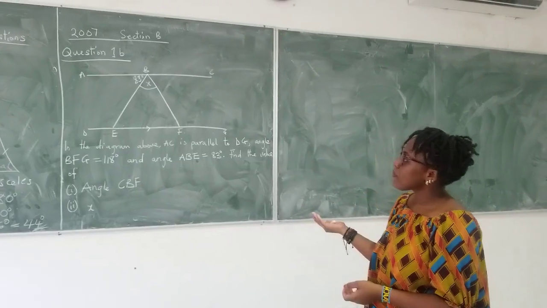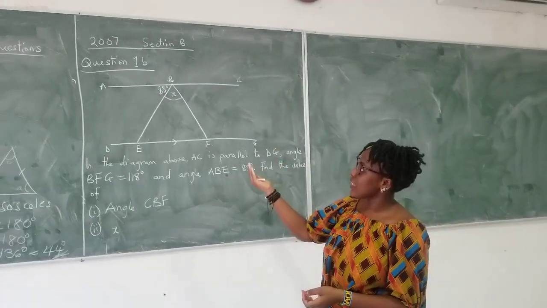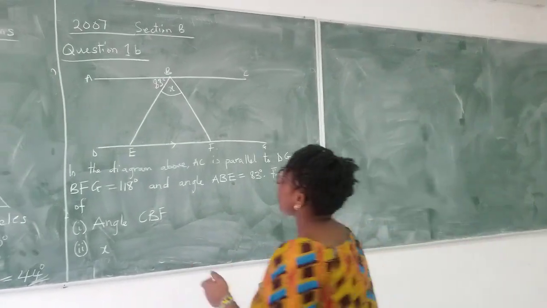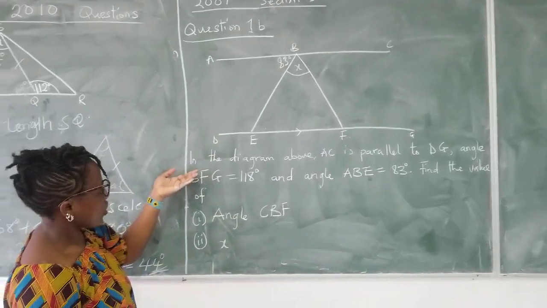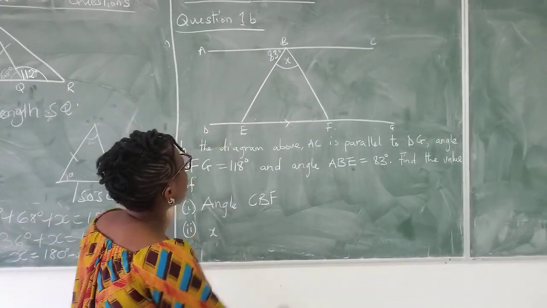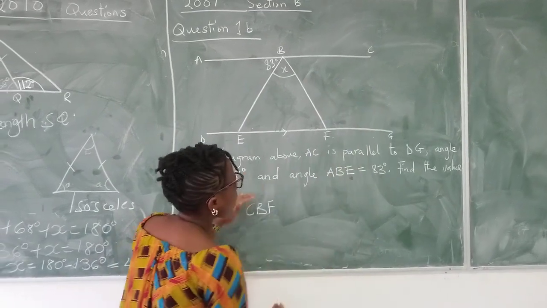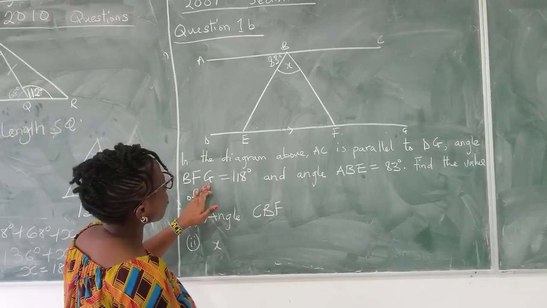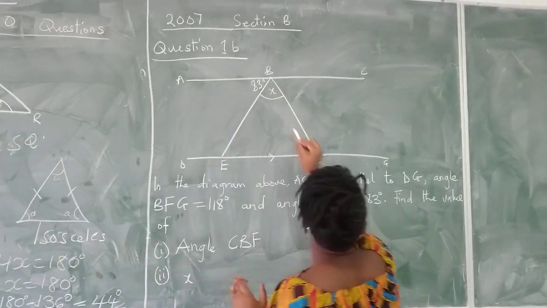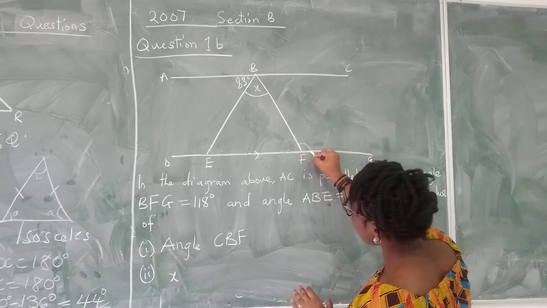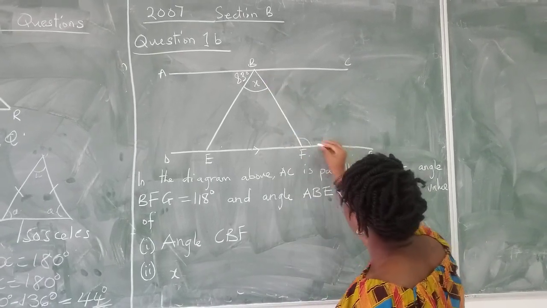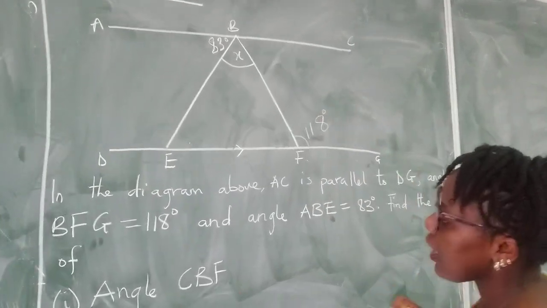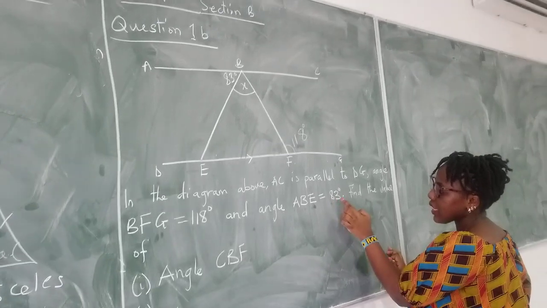Okay. So this is another BECE question of 2017 in Section B, Question 1B. So we have this diagram here and the question. In the diagram above, AC, this straight line, is parallel to the line DG. Angle BFG, so this angle here is what we're calling angle BFG, is given to be 118 degrees, and angle ABE is 83 degrees.